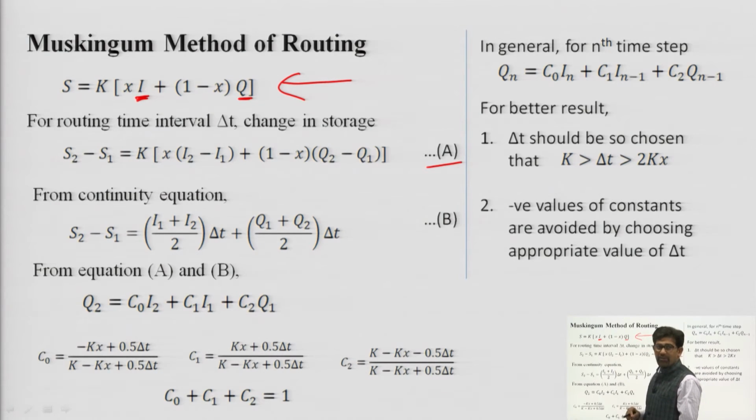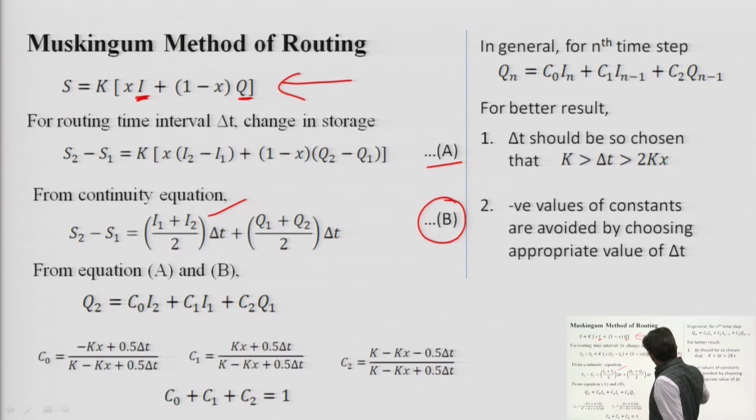From the continuity equation, the change in the storage is the inflow (I1 plus I2) by 2 into delta T, minus (Q1 plus Q2) by 2 times delta T. So, this is the change in storage, say equation number 2.